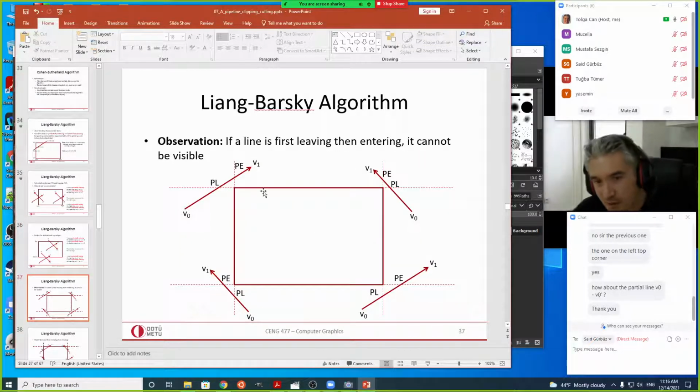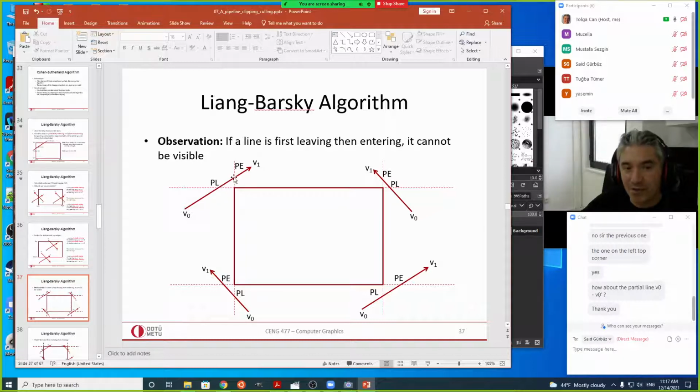Now, here are some observations with these potentially leaving labels. For each of these boundaries, we are going to find intersection points and label them according to that boundary.